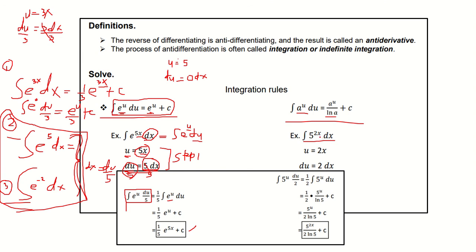Okay. So, number dito. Integral of a to the u du, that is a to the power of u over ln of a. Why? Kasi, alam natin pag yung 1 over x, ang kanyang derivative ay ln of x. Or ang derivative ng ln of x ay 1 over x. So, there's always a denominator na ln.